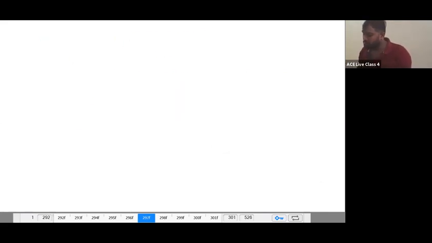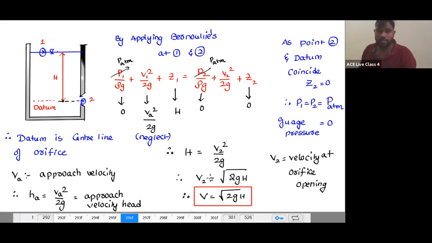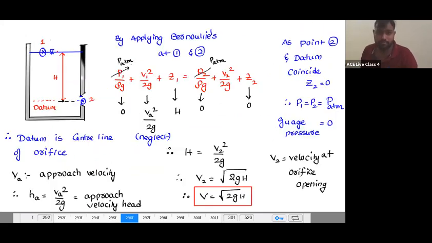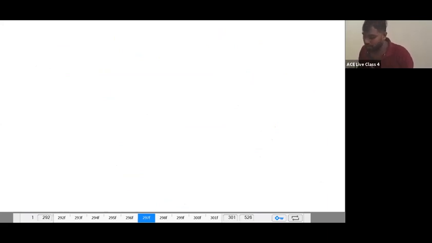Now let's see how I have done this. This is nothing but V2, the velocity at the orifice opening, and A, the area of the opening. But is it the actual velocity? No. Is it the actual area? No. So now we are going to see the help of the coefficients.